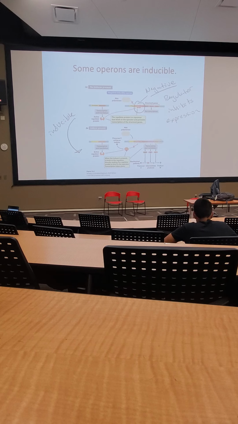So negative, you're still going to get an inhibitor or the regulatory protein binding and inhibiting transcription. It's going to flip the before and after. So it's going to be on, no regulator interacting with the operon, then after, direct inhibition of transcription. So we'll see that.